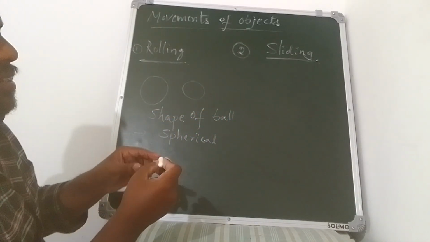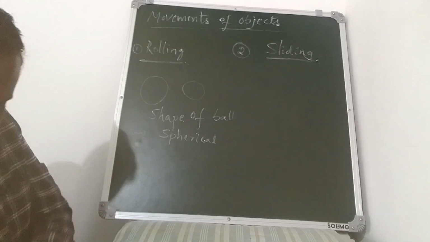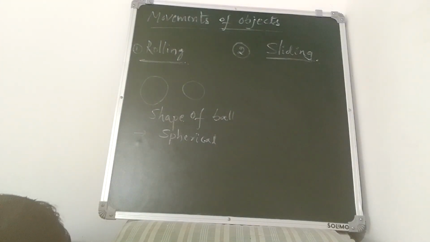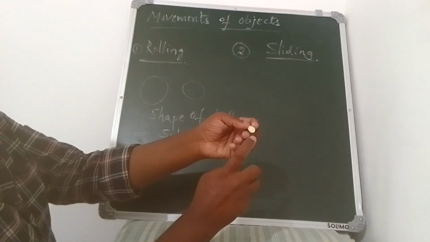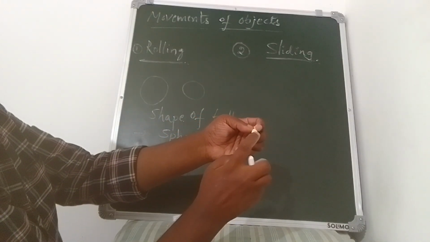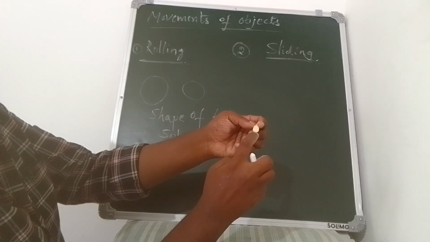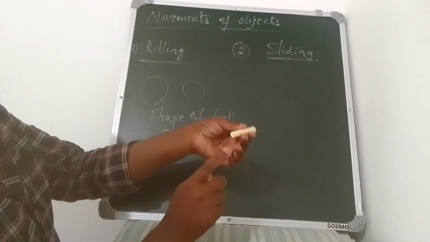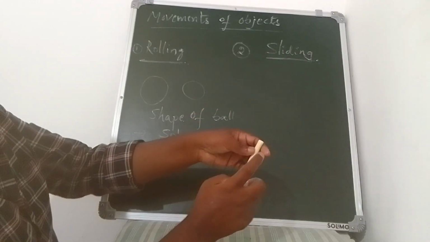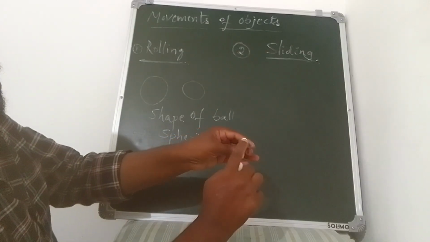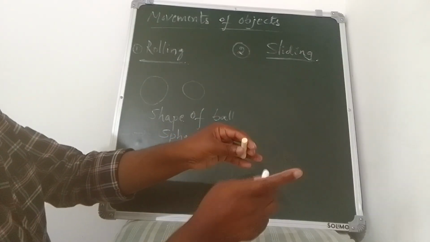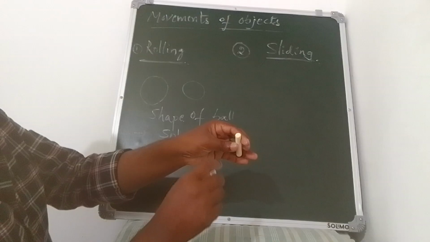Okay. The chalk piece comes with a circle shape. See, I have taken another chalk piece. So see here, this is circle shape, right? This is similar, this side also circle shape. Since I have written on the board, some of the powder has gone, so the circle shape is not visible.